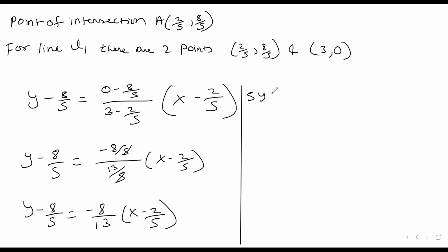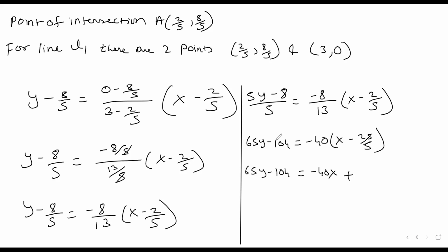Here we will have (5y minus 8) upon 5 is equal to minus 8 by 13 (x minus 2 by 5). It can be done by cross multiplication. Minus 40 (x minus 2 by 5). 65y minus 104 is minus 40x plus 40 into 2 by 5.